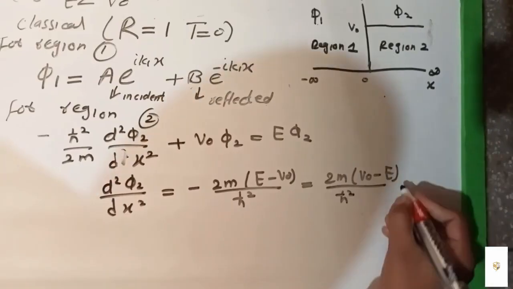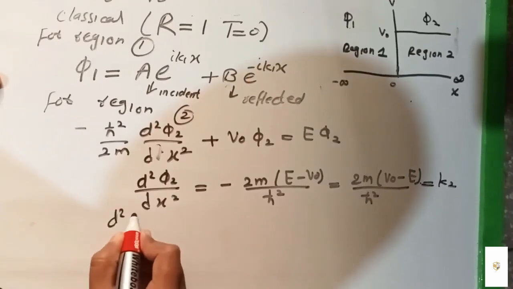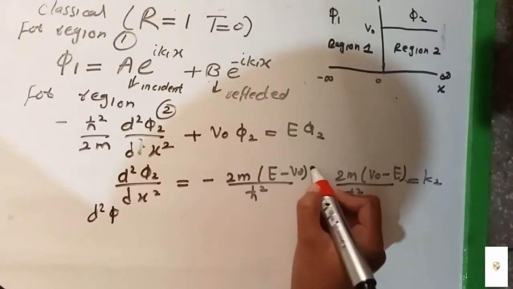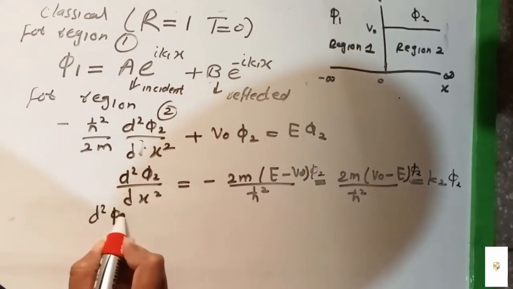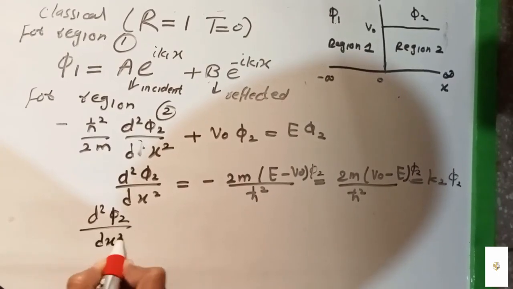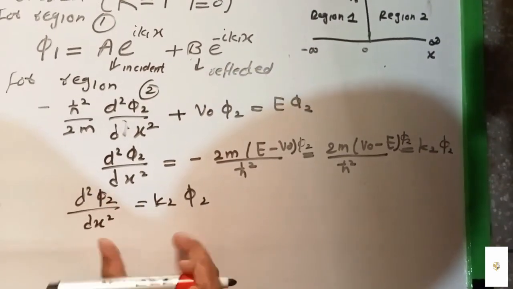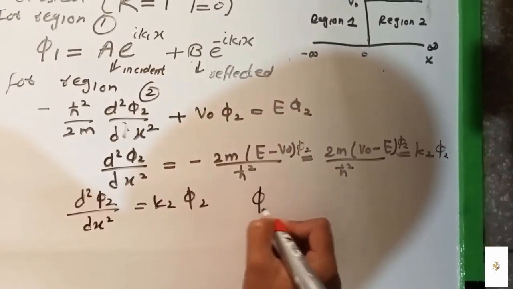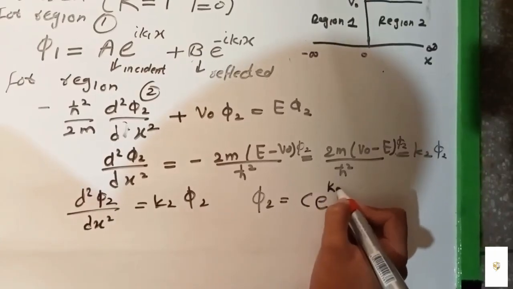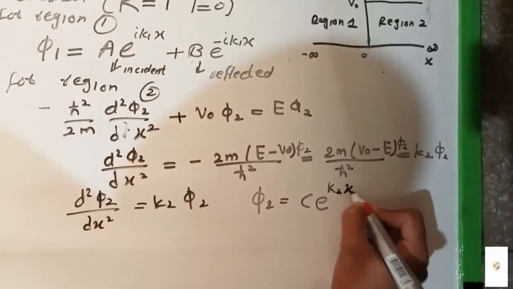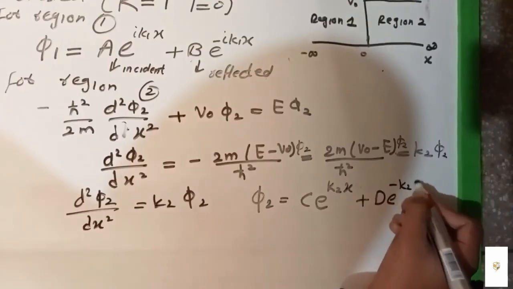And we consider this is equal to k2 square. So d square phi 2 over dx square is equal to k2 square phi 2, and this equation has the solution phi 2 is equal to C exponent k2 x plus D exponent minus k2 x.